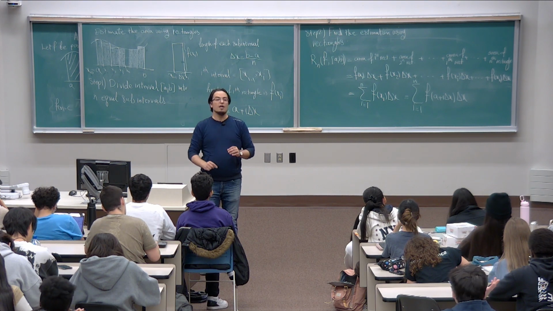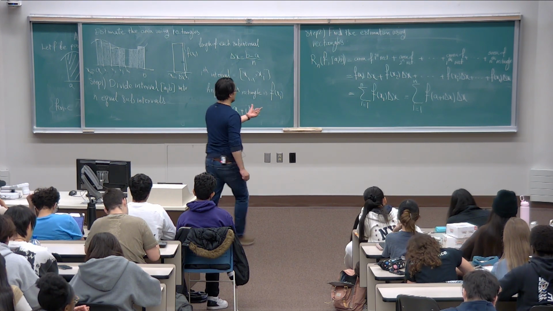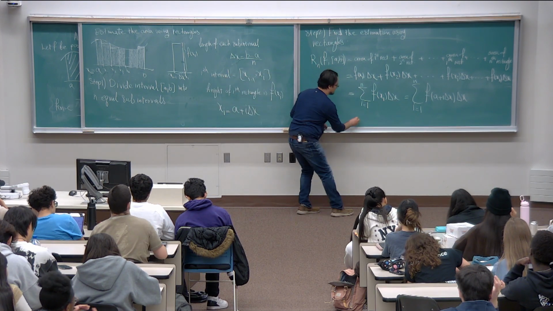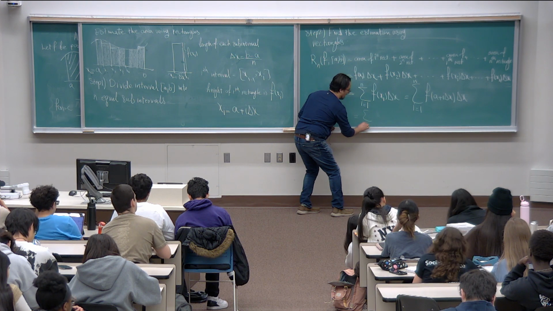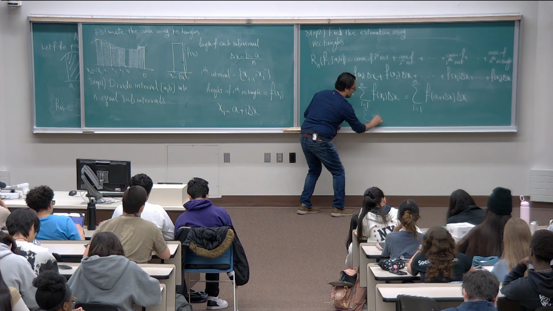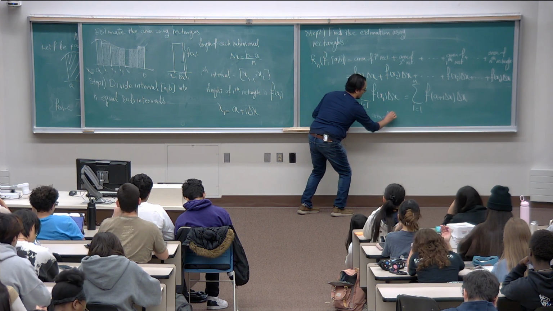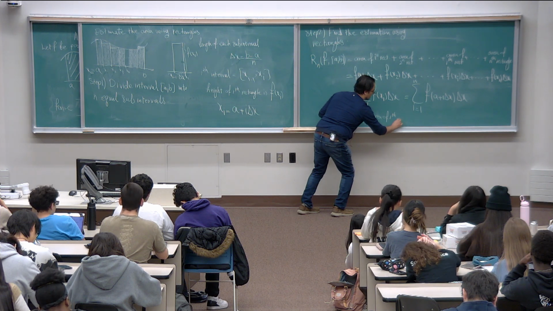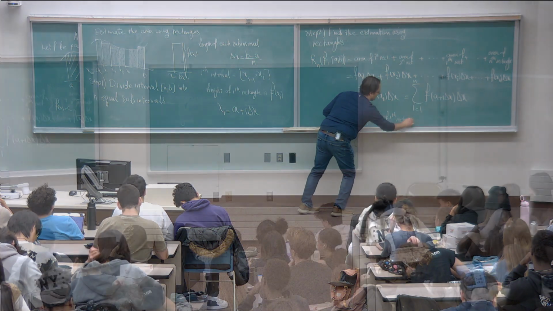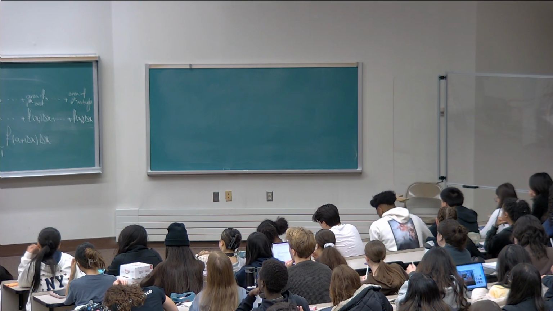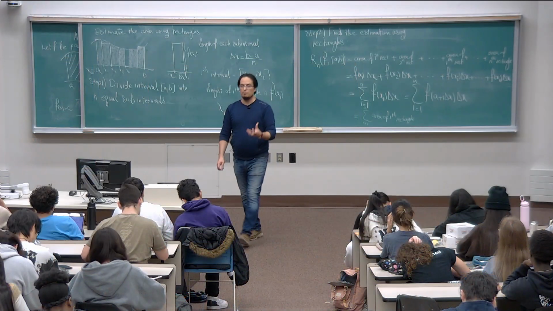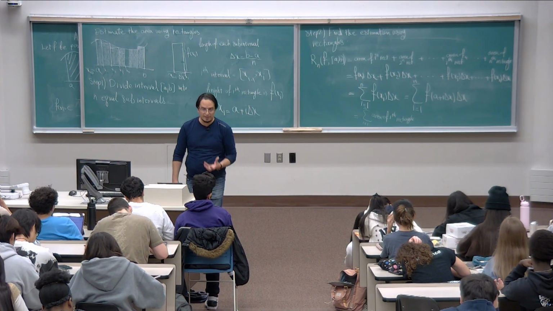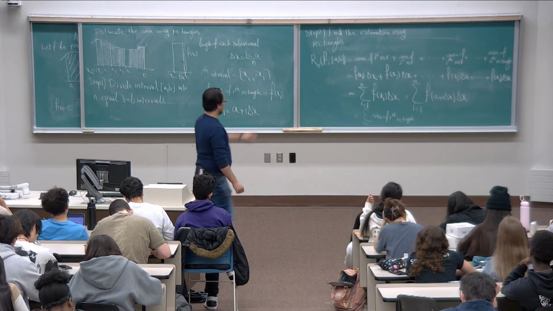So what I'm writing here is this: i equals 1 to n, area of the ith rectangle. That's what I am aiming to do. But I have a formula for the area of the ith rectangle, and that's equal to that.